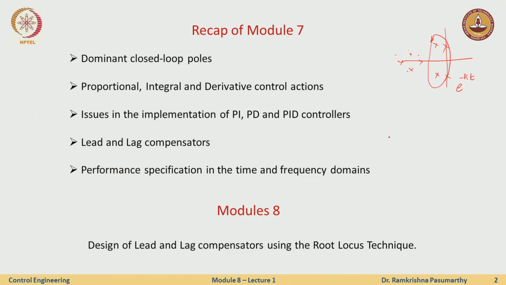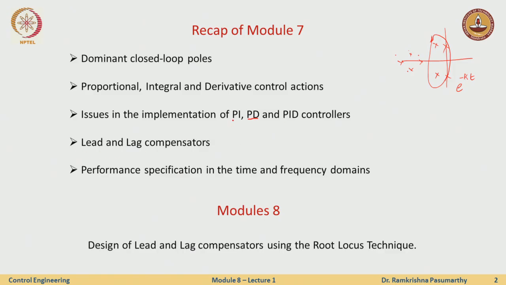Okay, so we also looked at issues in implementation of the nominal derivative or PID controllers, right? If I just take a P and D controller, we saw that it cannot be realized physically, as it is a non-causal system. So this will lead us to have slight modification of these components in terms of physical realizability.